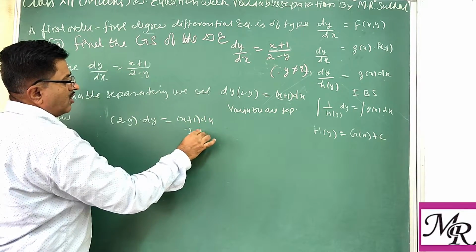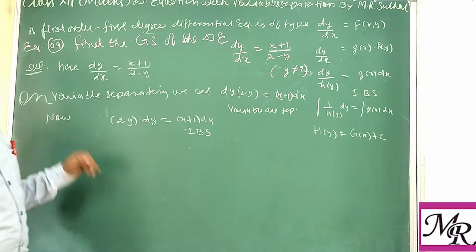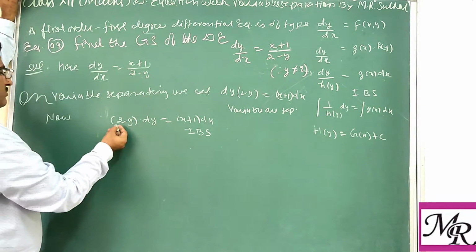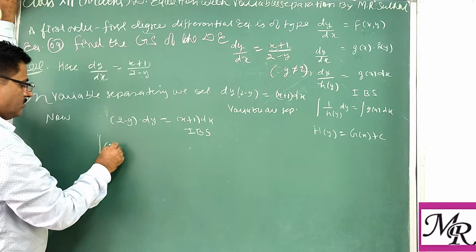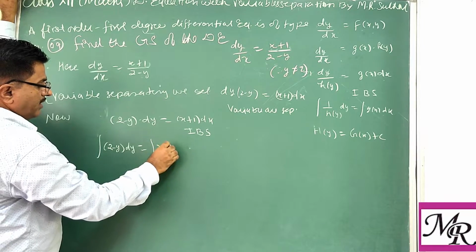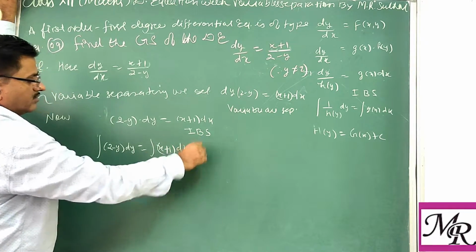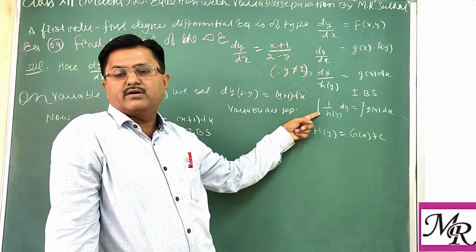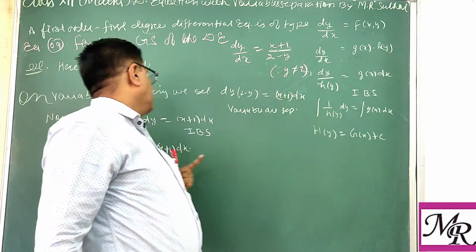Now integrating on both sides. If we are integrating on both sides, then we have the integration of (2 minus y) dy, the integration of (x plus 1) dx. Clear? So this is the method we are saying here. Clear? Let me solve it.